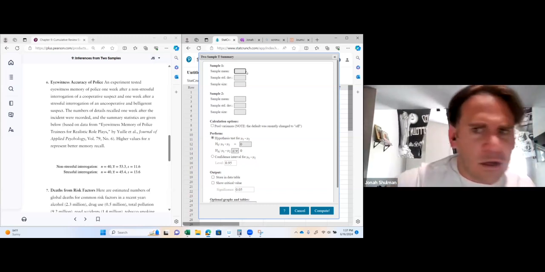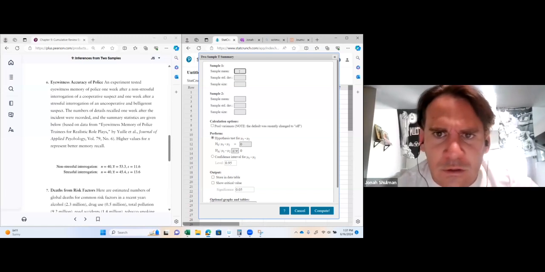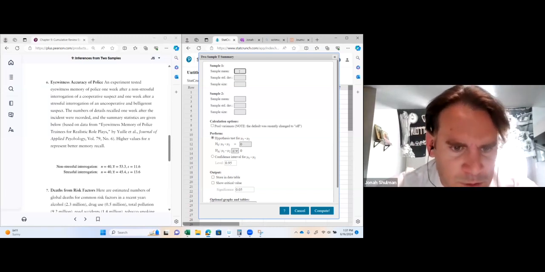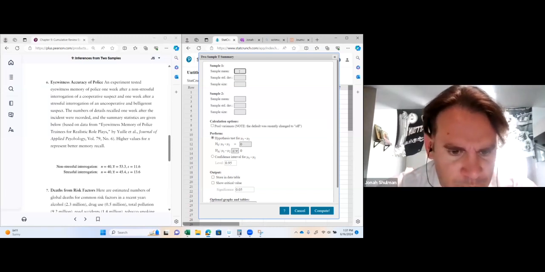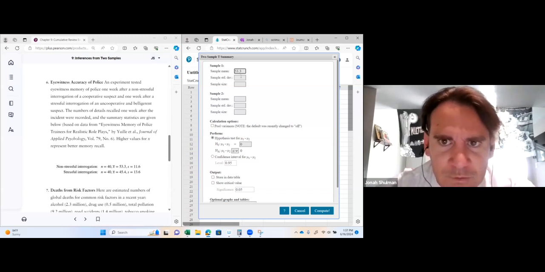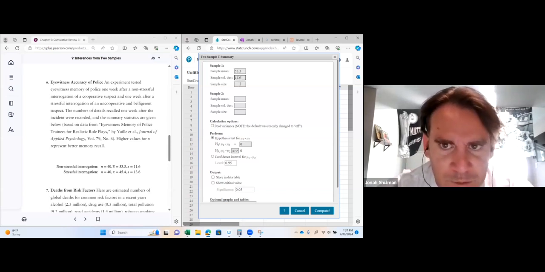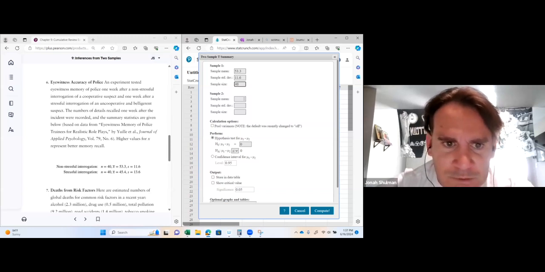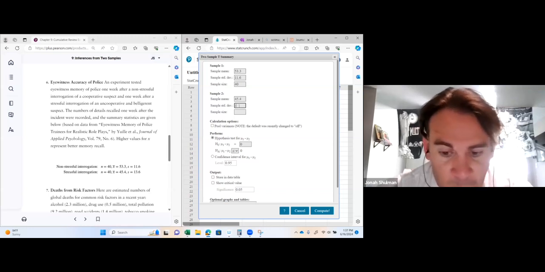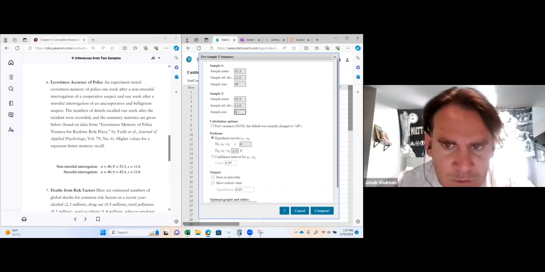So the sample mean for the first one is 53.3. The sample standard deviation is 11.6, and we got 40 guys. All right, the sample mean for this one's 45.4. The standard deviation is more deviations, more range, and the sample size is 40.